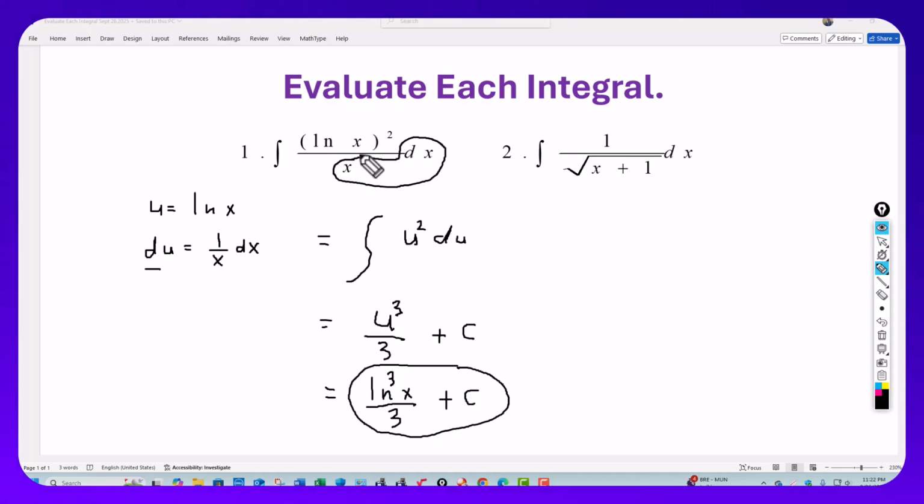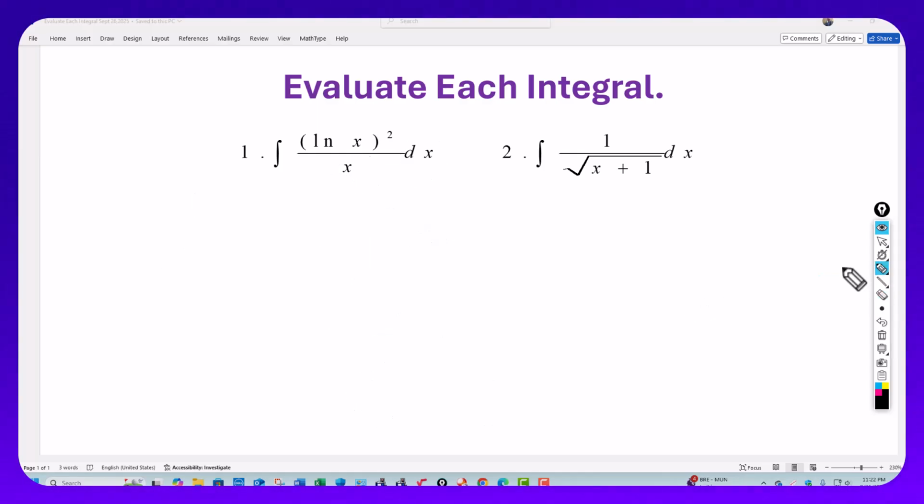You get that integrand back. So again, the check: 3 in front, 3 and 3 cancel, subtract 1, you get 2. That gives me the ln of x squared. And then because of the chain rule, we take the derivative of ln of x, we get a 1 over x, which of course is what we have there.